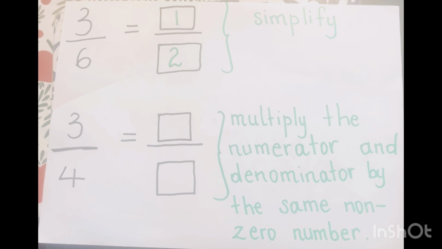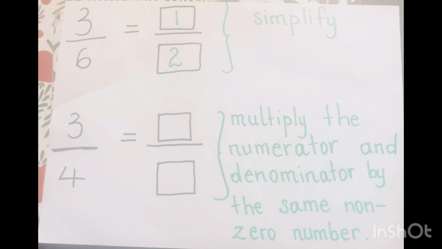Now, with fractions like 3 over 6, any fraction in which the numerator is half of the denominator, so we know that the numerator is the top number, the bottom number we call the denominator. Don't use top number, bottom number. Just use the correct terms, which are numerator, denominator. So we know that a fraction in which the numerator is half of the denominator will always be equivalent to half. So that's a giveaway right away.